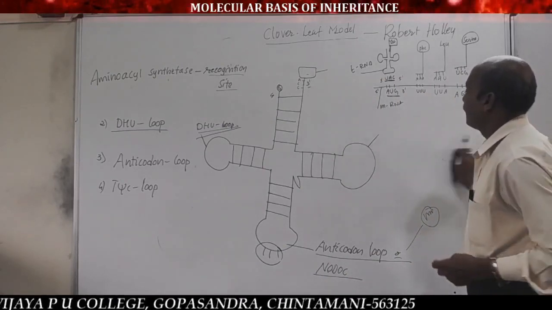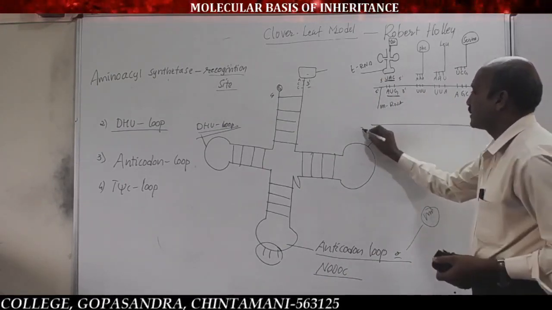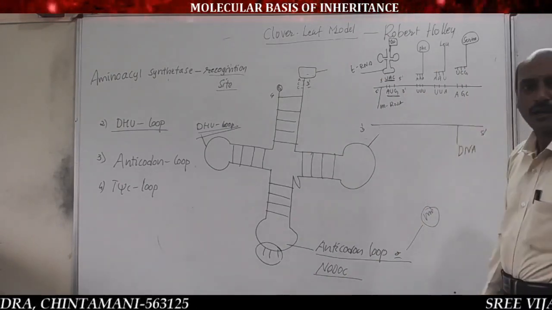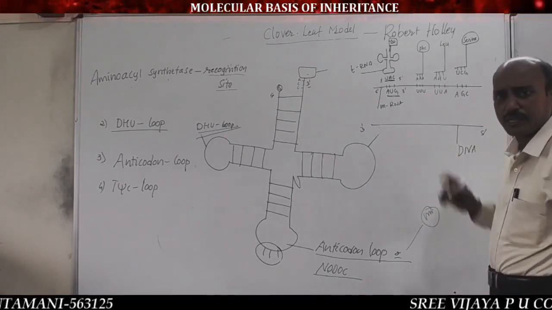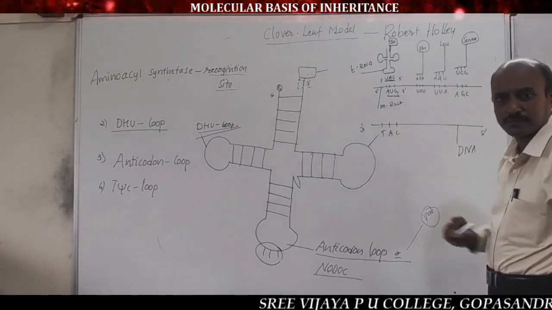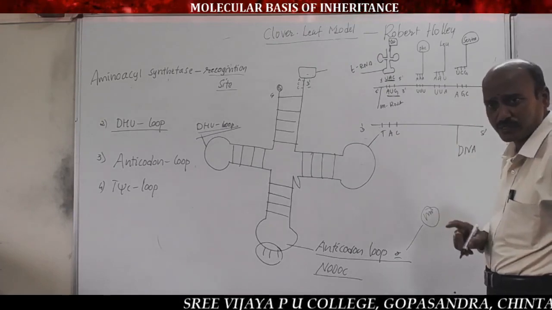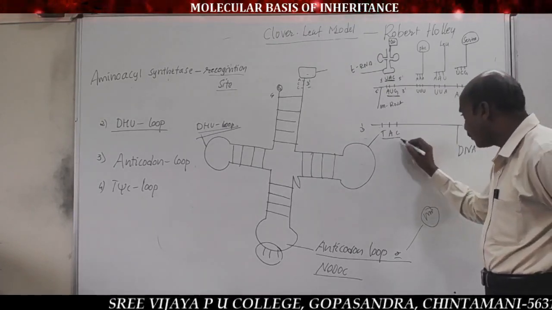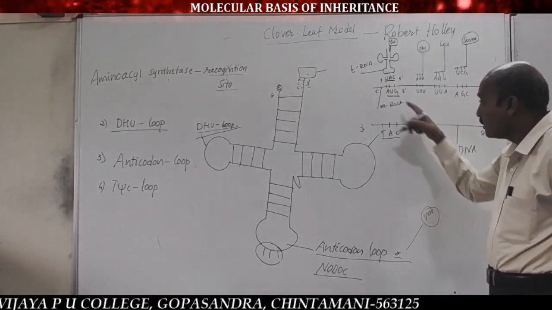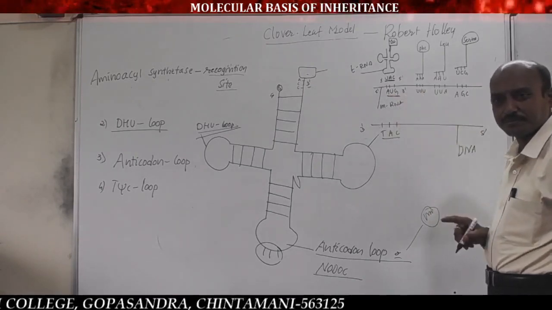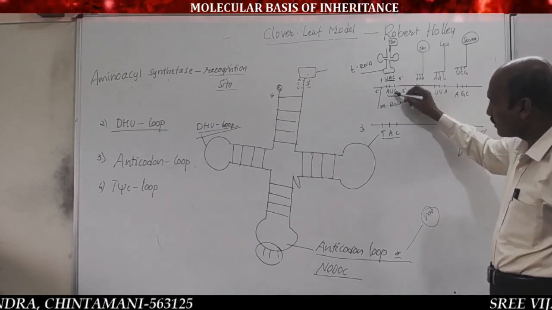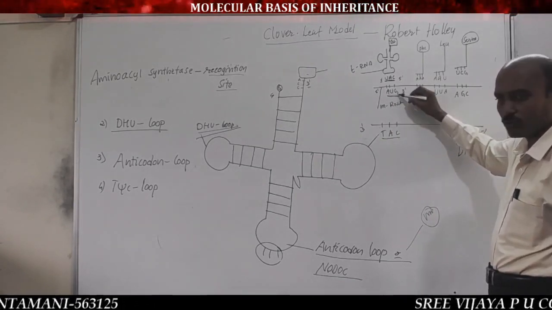For example, this is the antisense strand of DNA. Antisense strand means the template strand of DNA. Now this template strand contains TAC nitrogen bases. The codon of mRNA is AUG: opposite to thymine, adenine; opposite to adenine, uracil; opposite to cytosine, guanine.